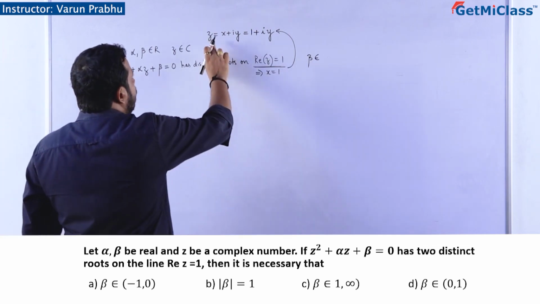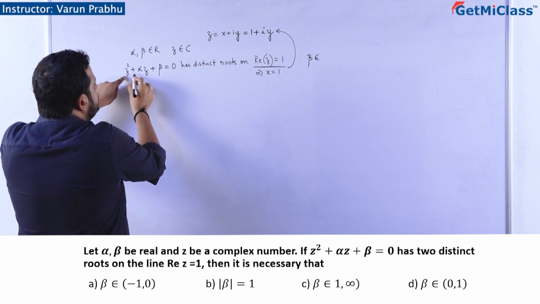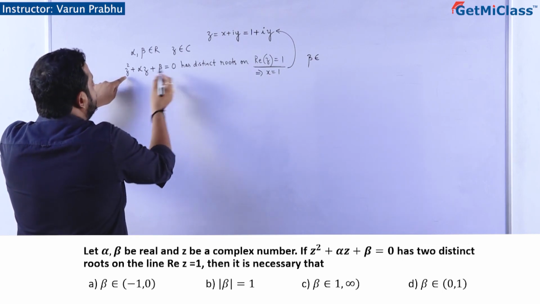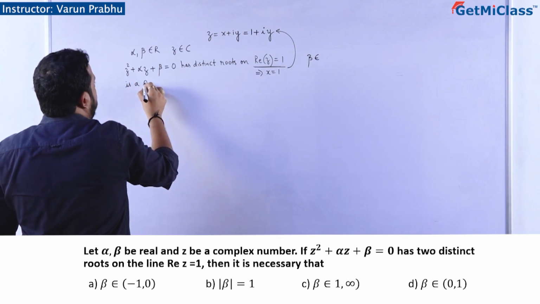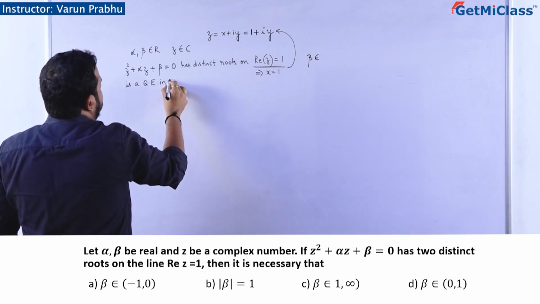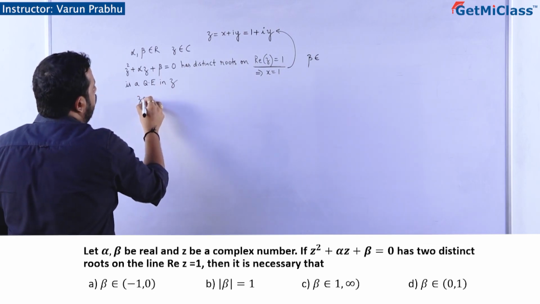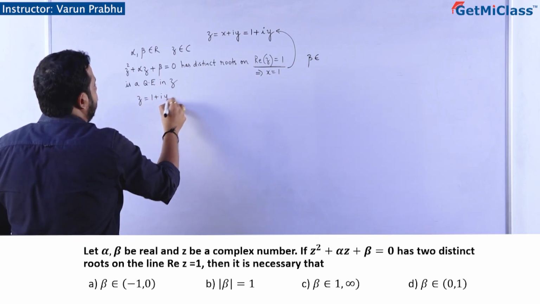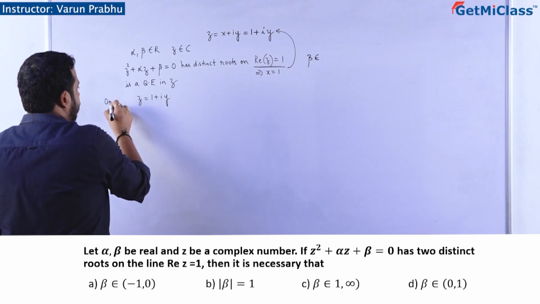Now this is nothing but z square plus alpha z plus beta, a quadratic equation in z. So one value of z is 1 plus iy, one root.